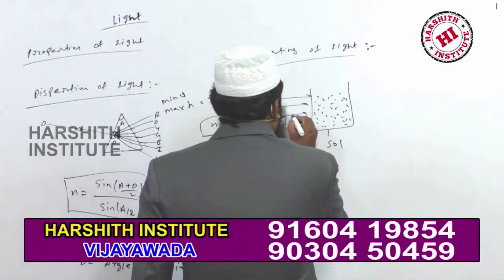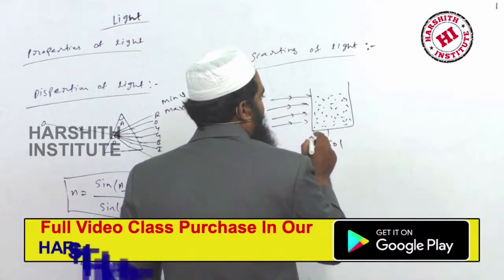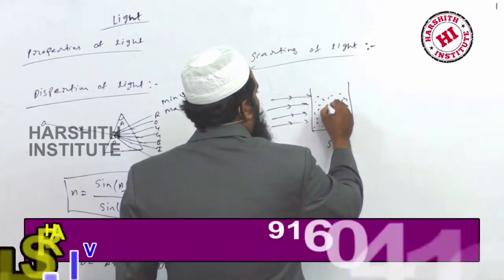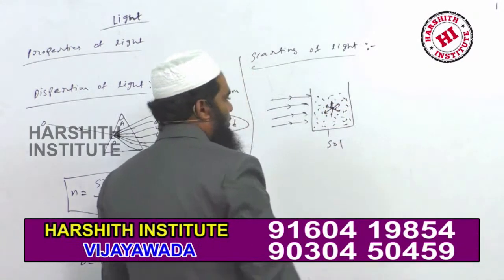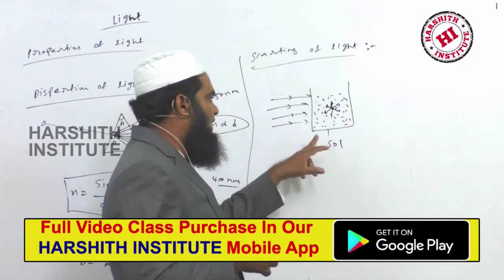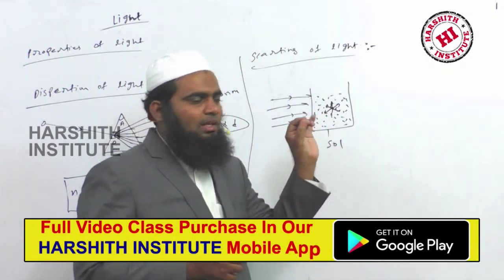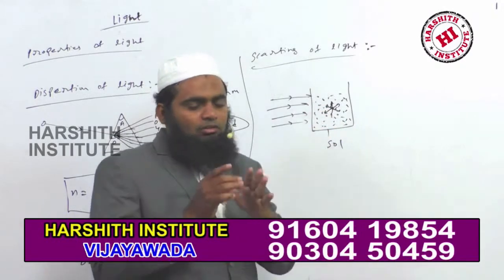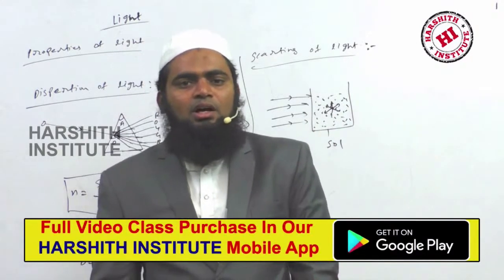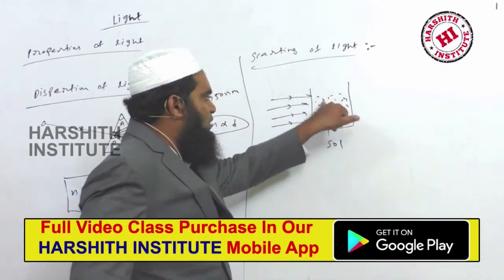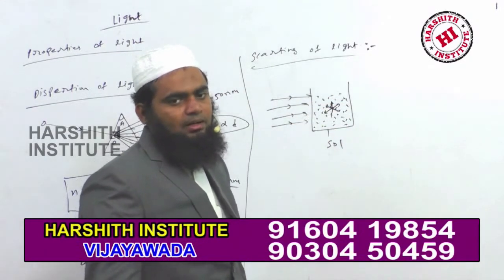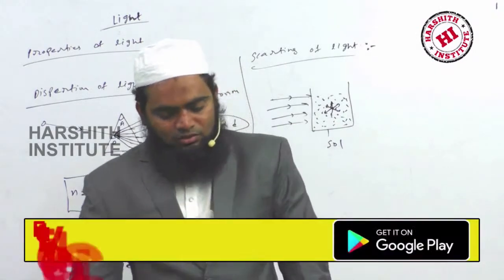The beam of light is passed on the colloid particles, and it splits in all directions. Scatter means to split in all directions. This pattern is what we observe, and this concept is called scattering of light.